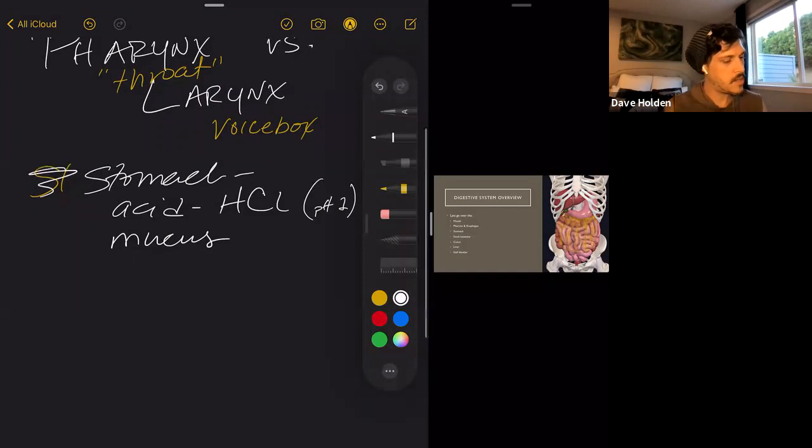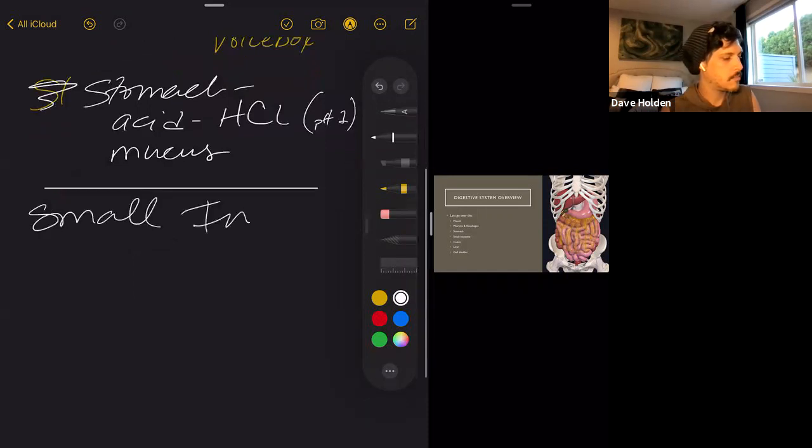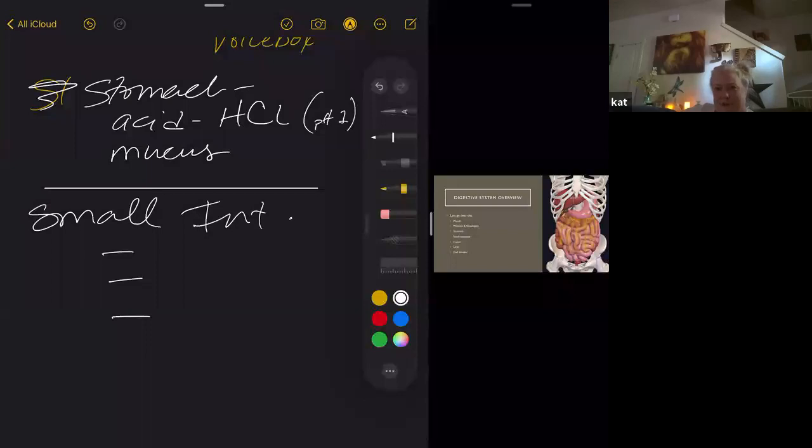Moving on to the small intestine. There were 3 sections of the small intestine. Can we name them? What were the 3 sections of the small intestine? DJ, whatever, DJ.